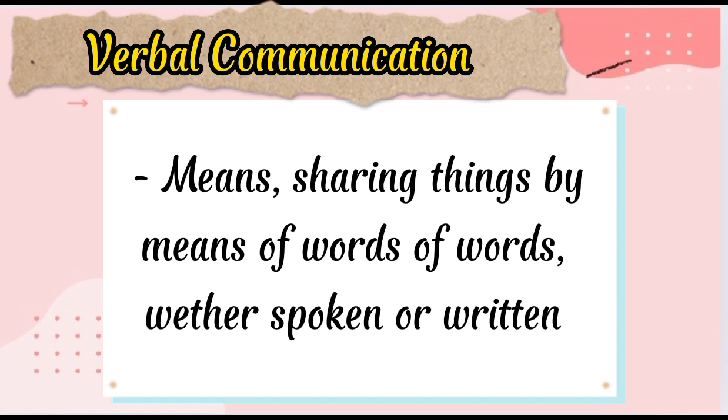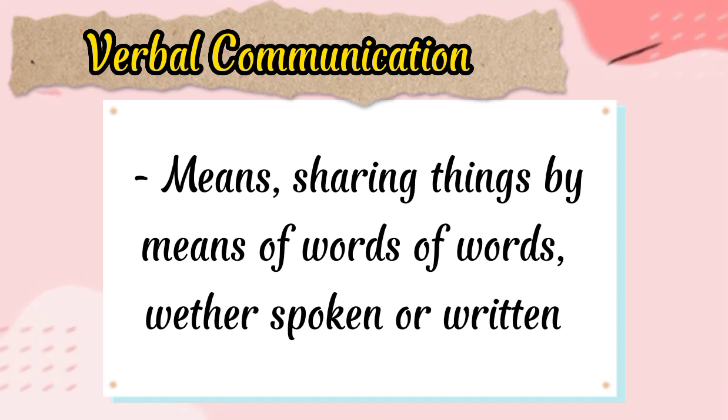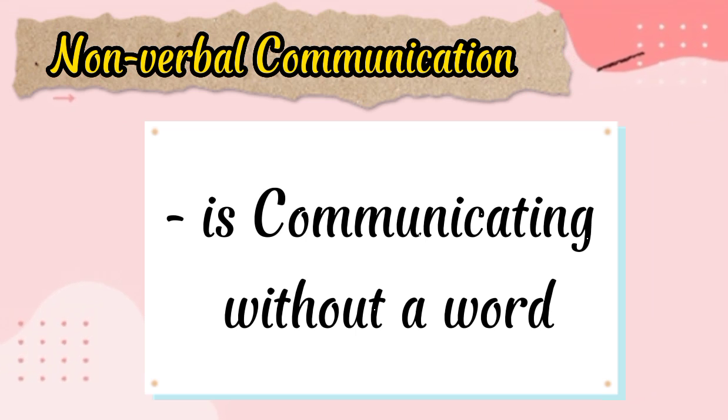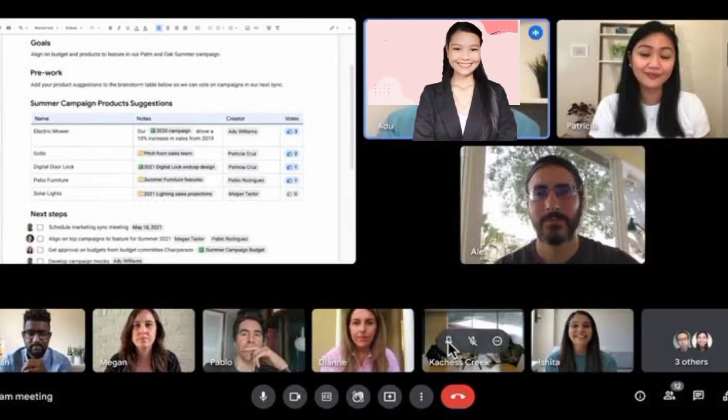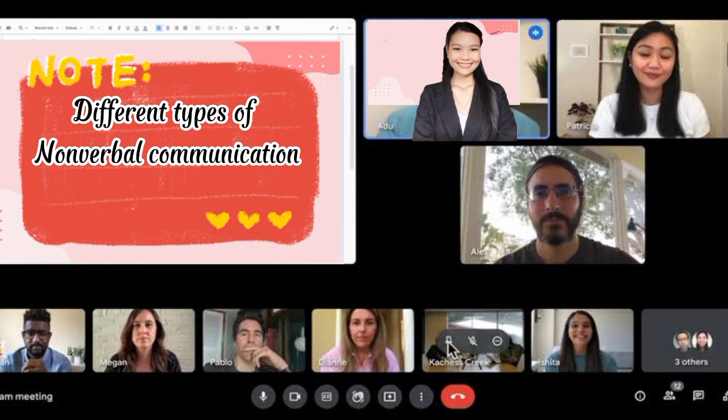So let's differentiate verbal from nonverbal communication. Verbal communication means sharing things by means of words, whether spoken or written. And nonverbal communication is communicating without a word. So now, since we have differentiated verbal and nonverbal communication, let us know the different types of nonverbal communication.